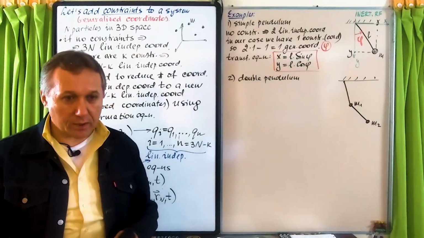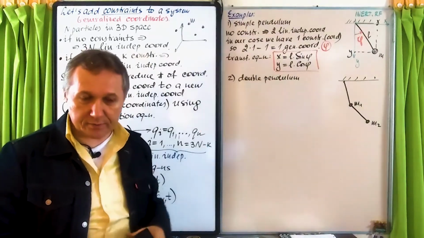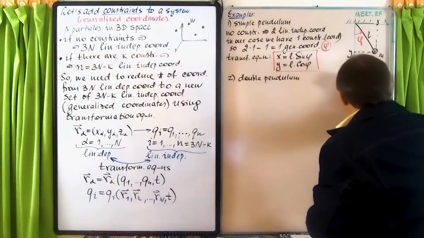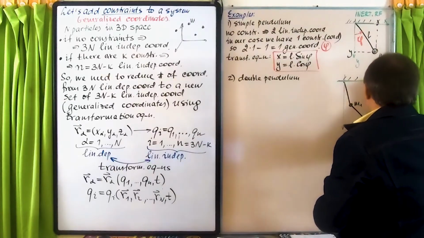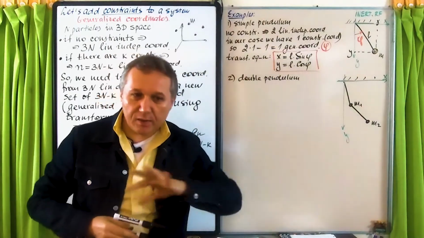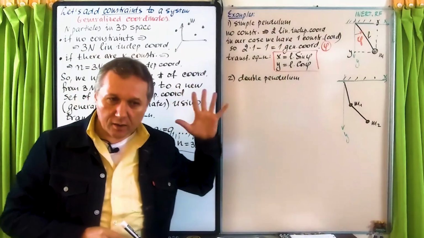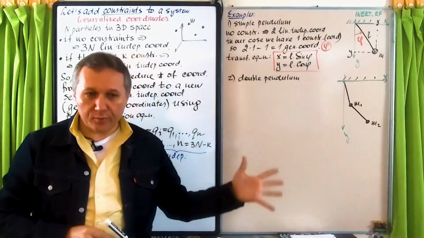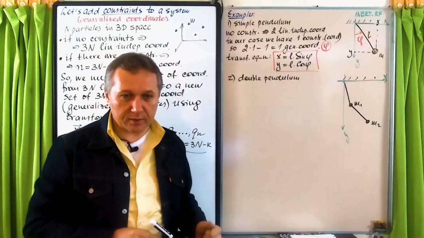As usual, you need to introduce an inertial reference frame, like in the previous case, and I will position the origin at the same point, with axes x and y. Again, two-dimensional space. I immediately remove z from the game, because that constraint is obvious.